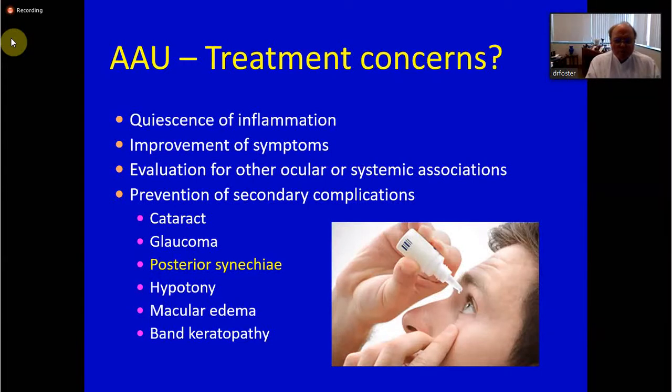What do you want to do? Well, you want to step in boldly. The house is on fire, so you'd like to call the fire department to put the fire out before there's damage. Snuff it out. Symptoms get better, the signs get better, and you're probably going to prevent secondary complications such as cataract and glaucoma.